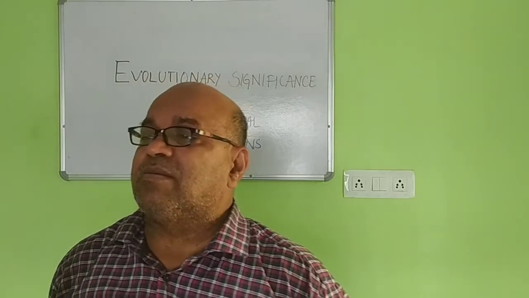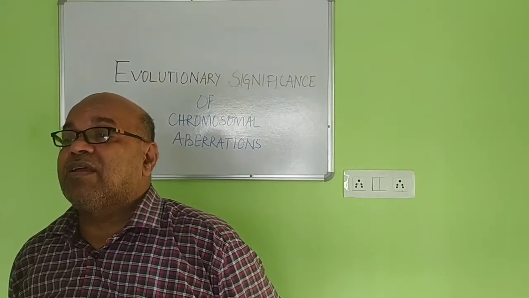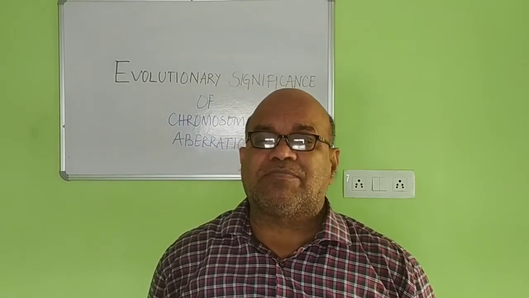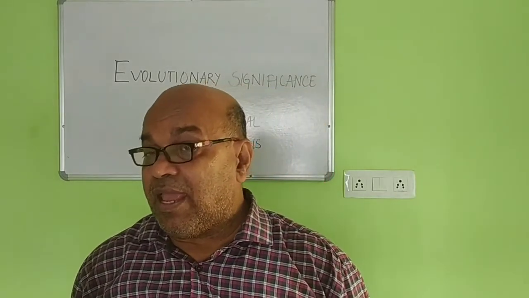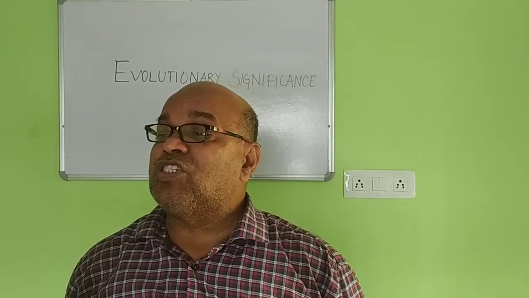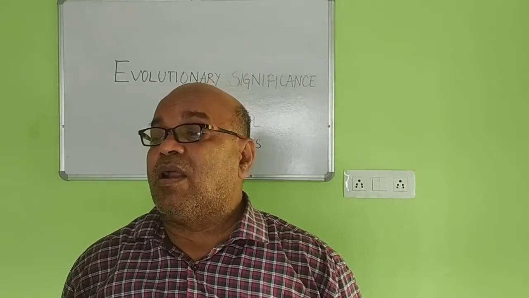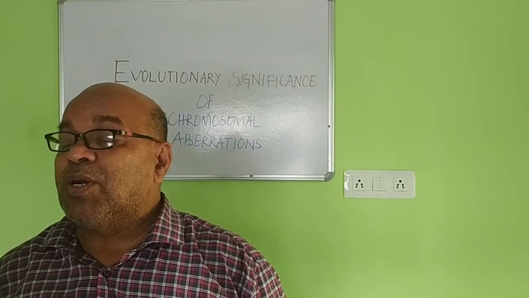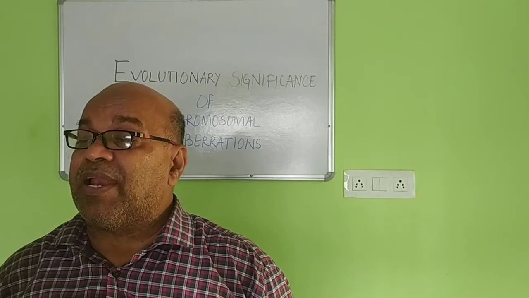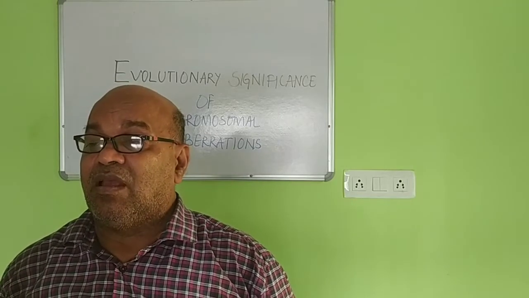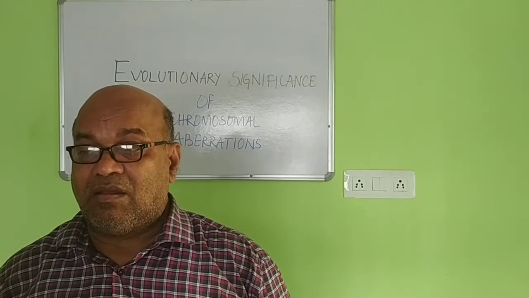Chromosomal aberrations are an important source of variation in a population, partly due to position effect and partly due to the formation of chromosomes with a different number and arrangement of genes. Listen again.